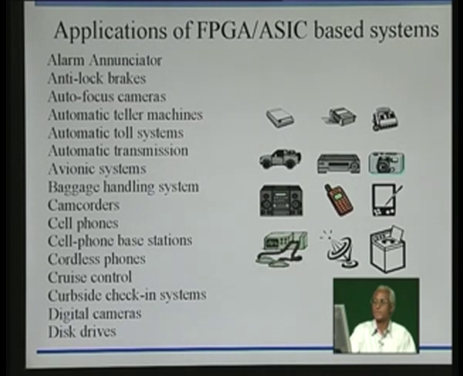And the first one in the list here is what is called alarm annunciator, and as the name implies, we need to monitor different engineering parameters in industries. Especially it may be a power plant, it may be a cement plant, sugar plant, and so on, steel, anything that you can conceive of. In fact, even thermal, nuclear plant, whatever you want.